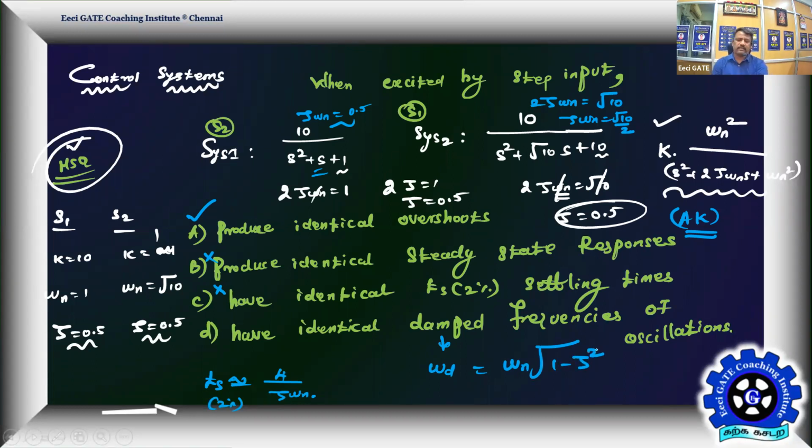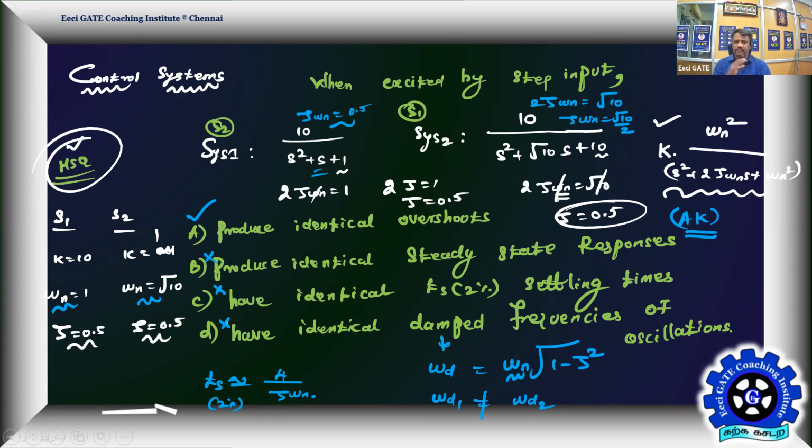Omega n are unique, they have different omega n. Therefore, even though the damping is identical, system 1 will have omega d1 and system 2 will have omega d2, and they are not equal. Therefore, this is also failing.